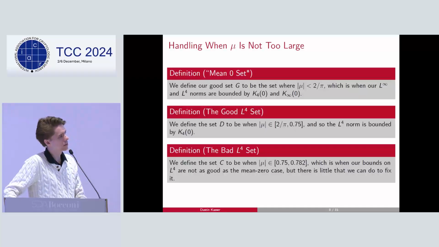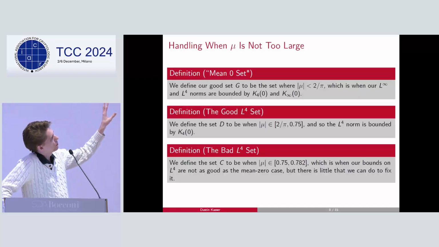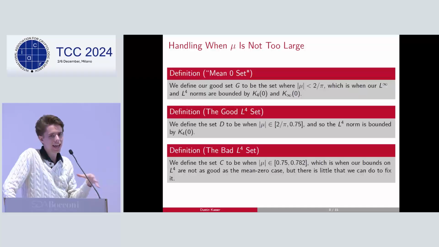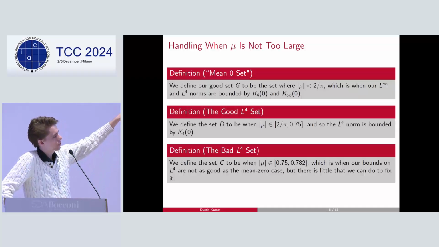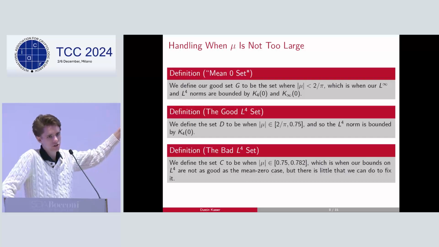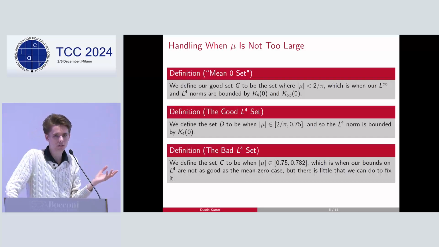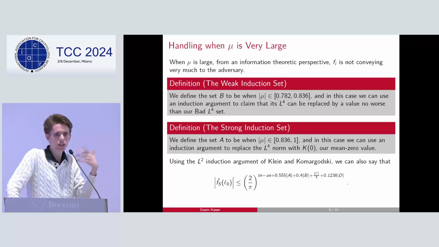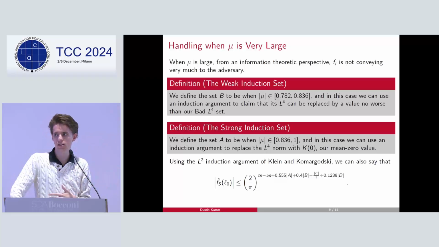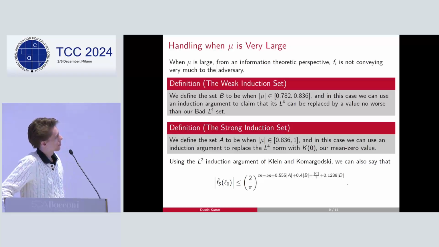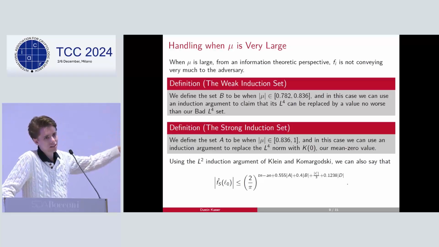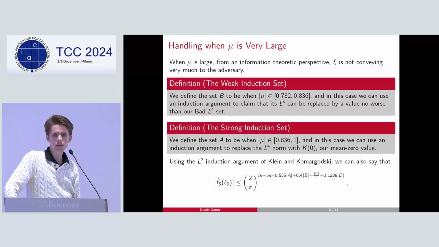So when mu is large, we run an analog of this induction argument, where if mu is only kind of large, we run a not very effective induction argument. But if the mean is really large, we get to imitate this induction argument and run it all the way through. Whew, okay. So now we go back to the induction argument of Klein-Komargarsky.